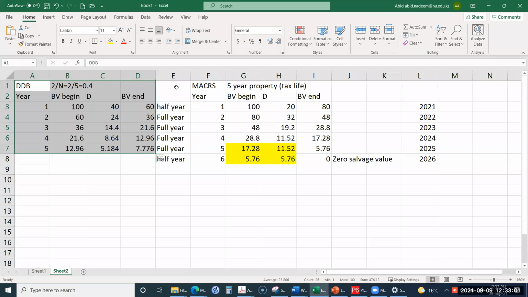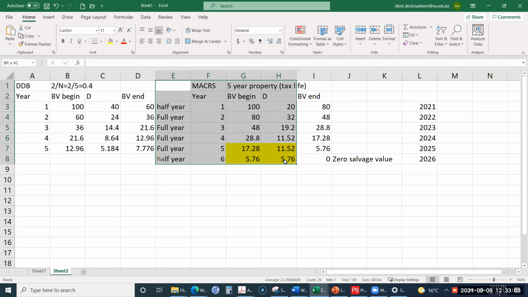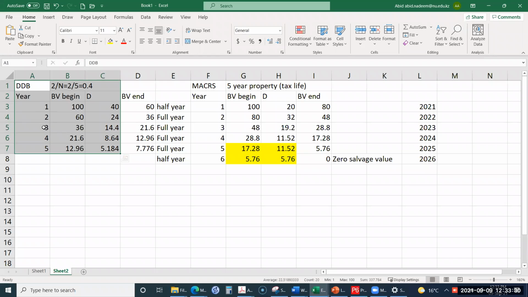But for most practical purposes, MACRS will be used, or any other method which the country's government will specify. Most likely they will specify a method on similar rules as MACRS. So MACRS follows the calendar year, but DDB is a generic method, so in those cases year 1 can be any time, right?